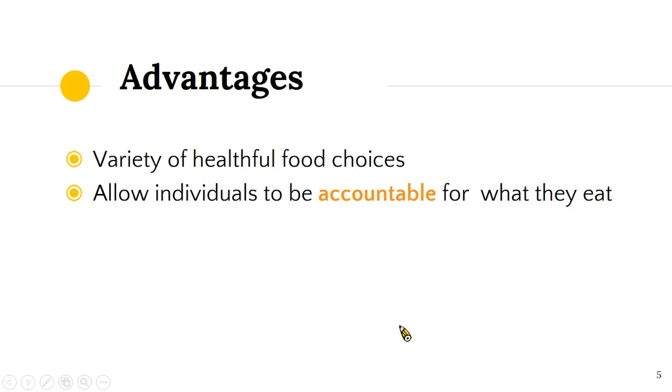The food exchange contains a variety of food so that the patient can choose food to their liking and have diversity every day, avoiding monotony. When patients move from one part of the country to another, they can easily formulate their diet based on the locally available food. The exchange system allows the individual to be accountable for what they eat.